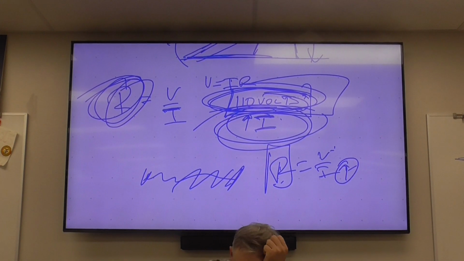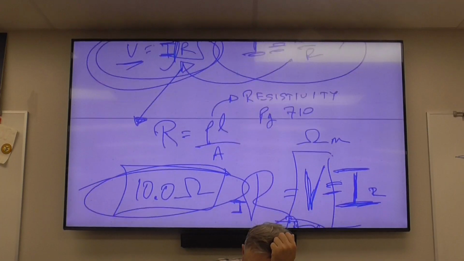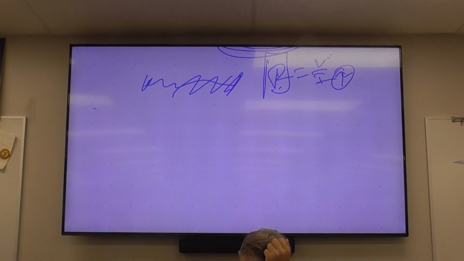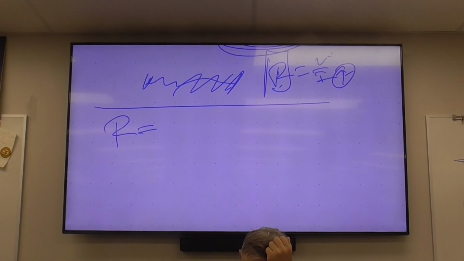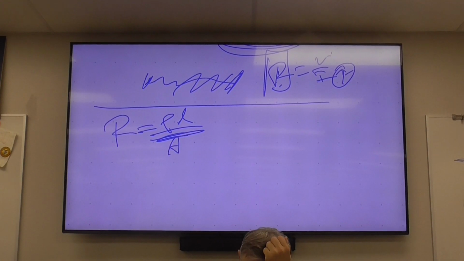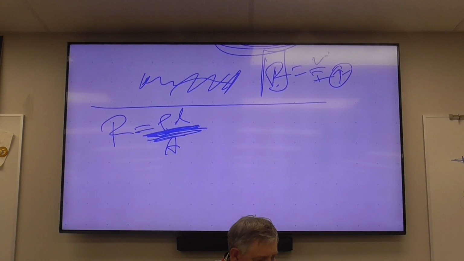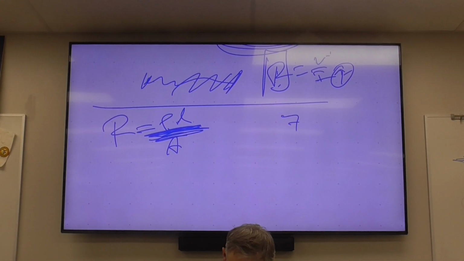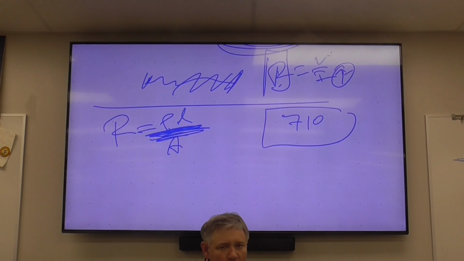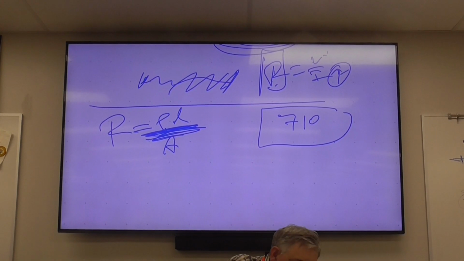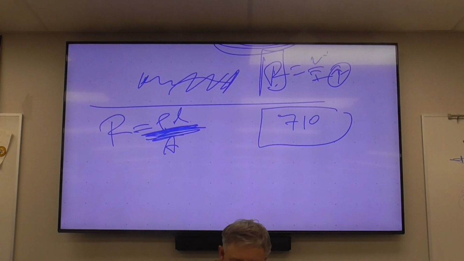Now, here's the next equation. You have R equals rho L over A. If you look on page 710 of your book, it has a list of what we call resistivities.